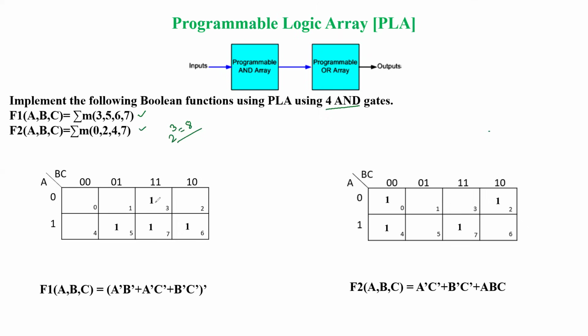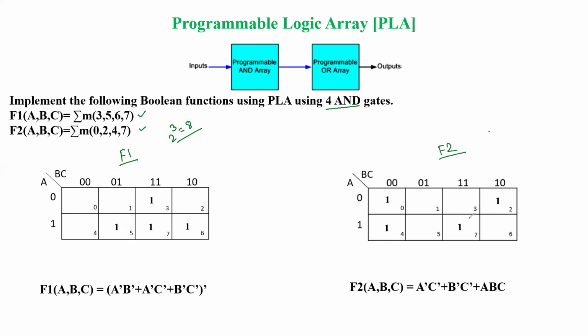For the first function, F1, the min terms are 3, 5, 6, 7 that we have located. This one is the K-map for F2, where the min terms are 0, 2, 4, 7.